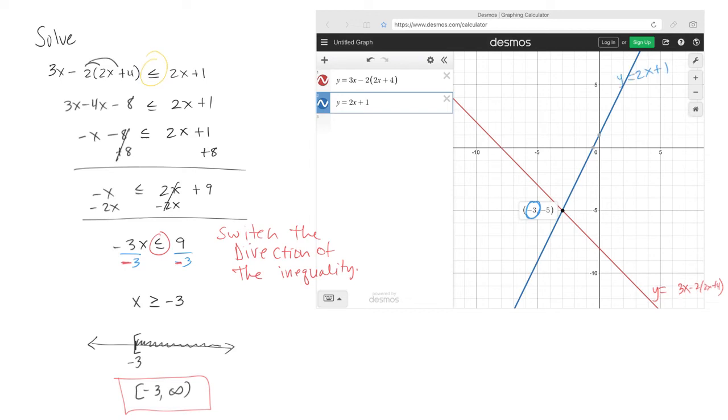So when is the red graph less than the blue graph? Another way of thinking about that is, when is the red graph below the blue graph? And that happens right here. Okay, and then if we go up and look in terms of the x's where that's happening, it's all of these x's right over here.